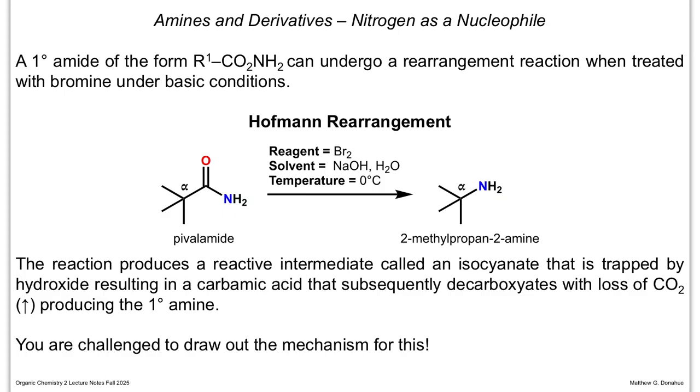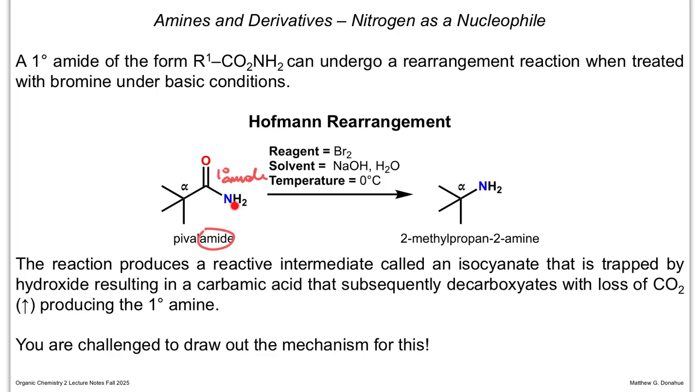The starting material for this amine synthesis is an amide. So more specifically, we can see the amide functional group. It has to be a primary amide, meaning that it has to be NH2.